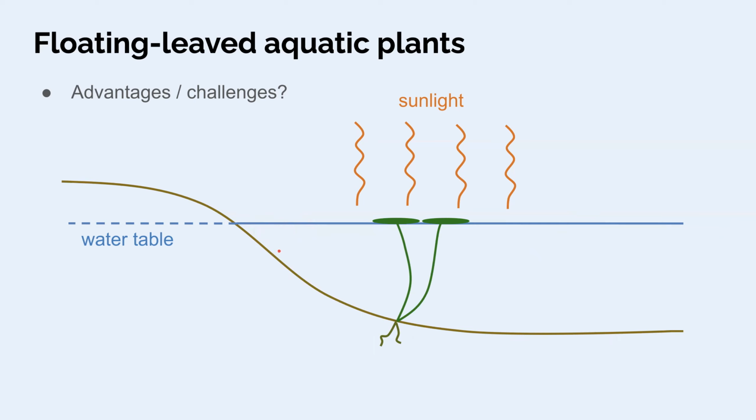Also, it moves them away from competition from some of these emergent plants or maybe some shrubs in the shallow water area. They grow out in deeper water, where they grow long petioles up to their leaves, and that gives them access, in most cases, to direct sunlight. So pretty awesome advantage there.